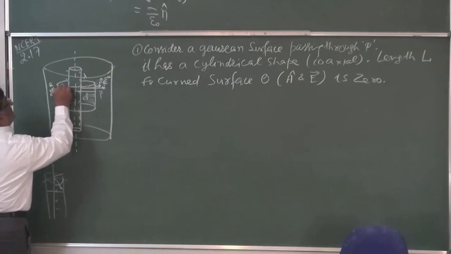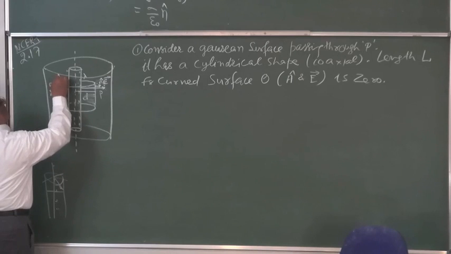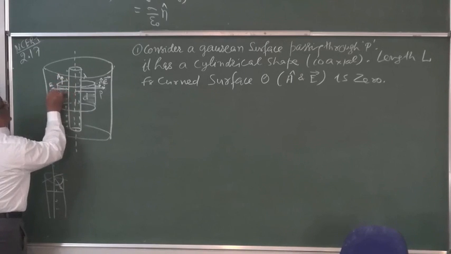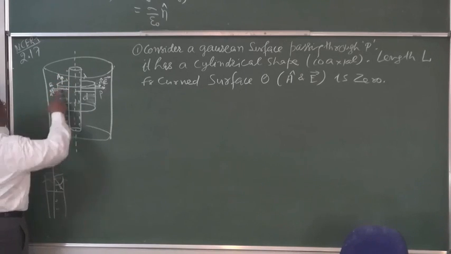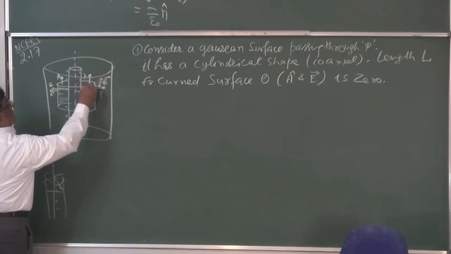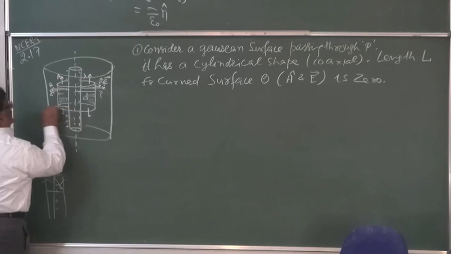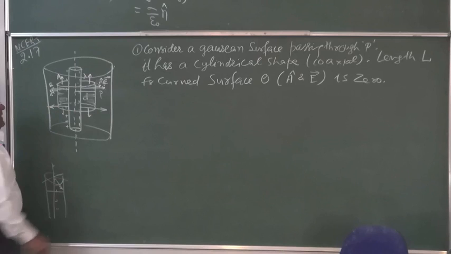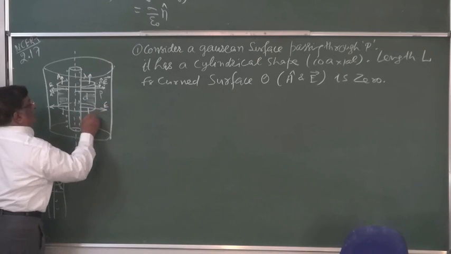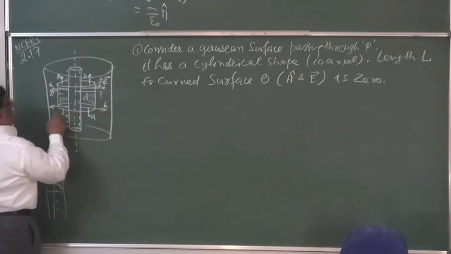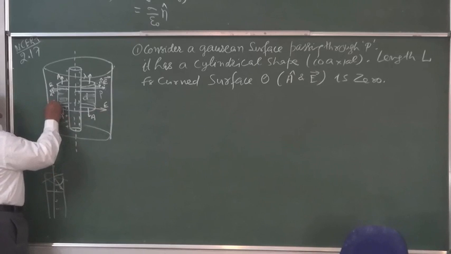For flat surface, here is the area vector and this is the electric field vector. The angle is 90 here, 90 here, 90 here, and 90 here. So at every place for the flat surface, the angle between area vector and electric field is 90 degrees.